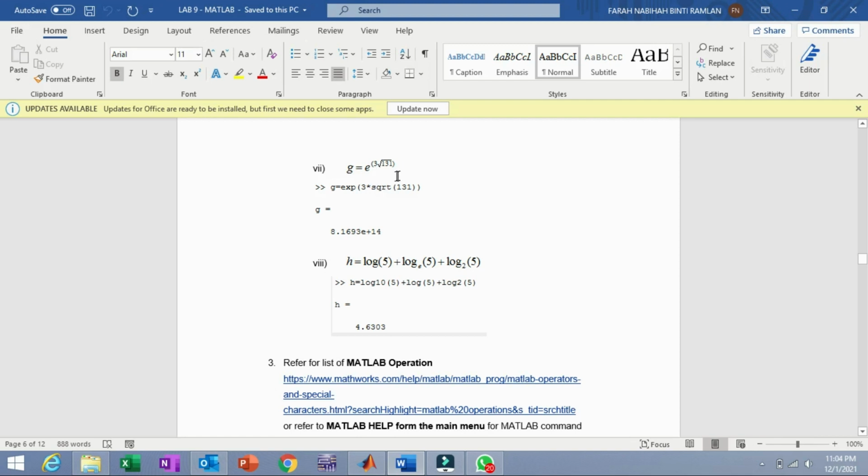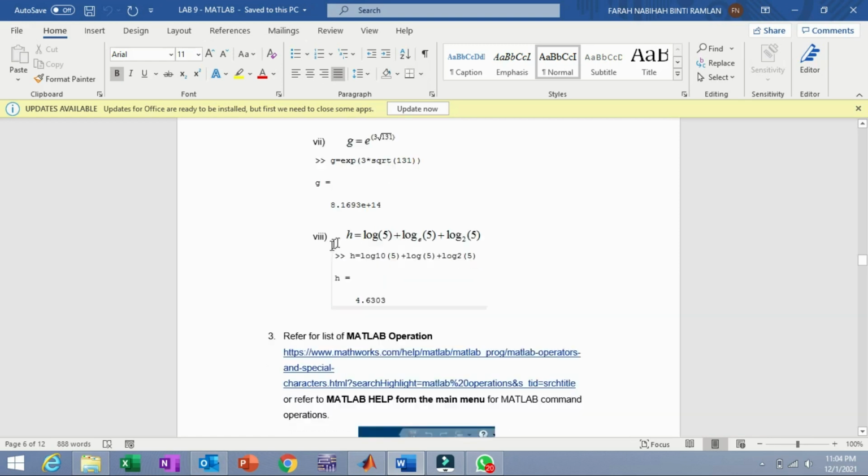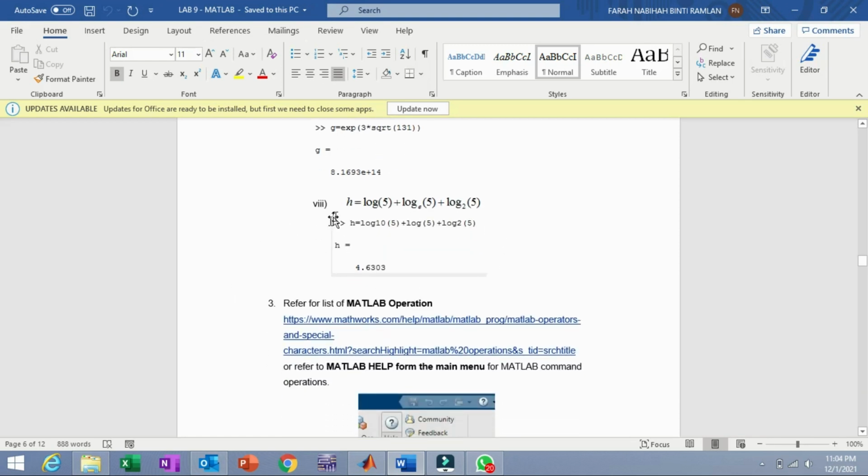We type SQRT in Matlab for square root, with 131 in brackets. So this is the complete expression. Then we press enter, and we get the answer 8.1693E plus 14.